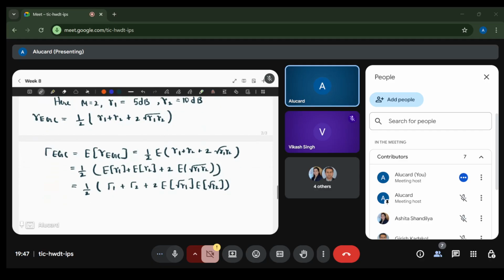Now gamma 1 has average value E of gamma 1, that is what is given for us.